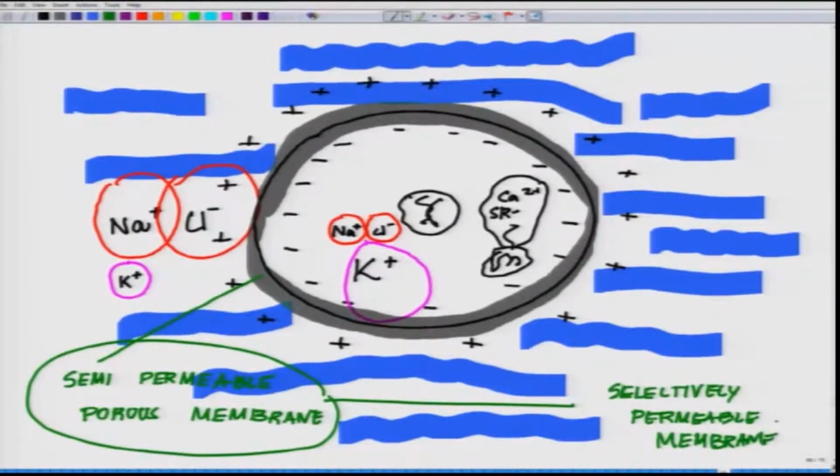Having said this, I take the liberty to tell that this semi permeable membrane under normal condition only allows one particular kind of ion to freely move across it.